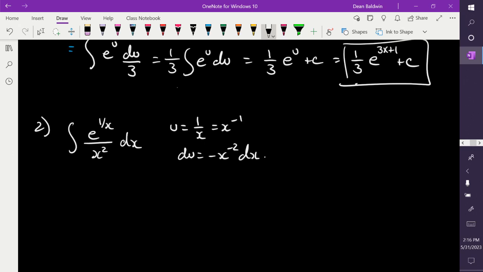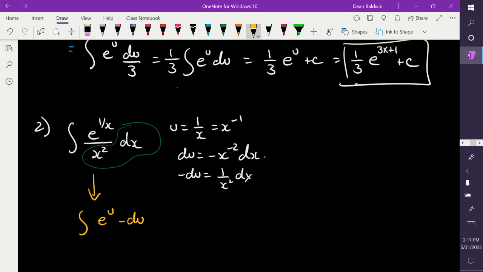Does this help us? Yes. Because x to the negative 2 is 1 over x squared. The negative I'm going to move to the other side, so negative du. But this is 1 over x squared dx, which is that. So our integral becomes the integral e to the u negative du.